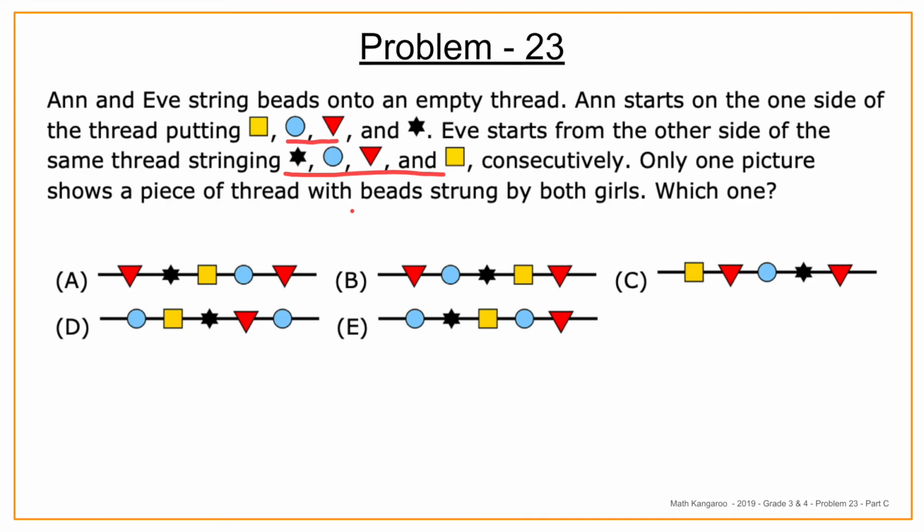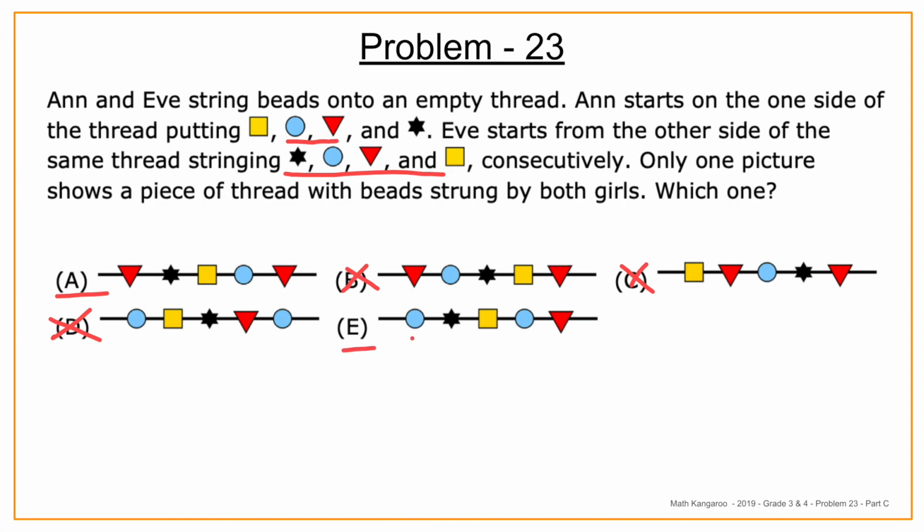So let's see which one has the blue and the red pearl together. We have option A, yes. We do not have that pattern in option B, so we remove it. We do not have a blue and then red bead here, so we remove this, and this one is also reversed, so we remove it. Now we have options A and E.